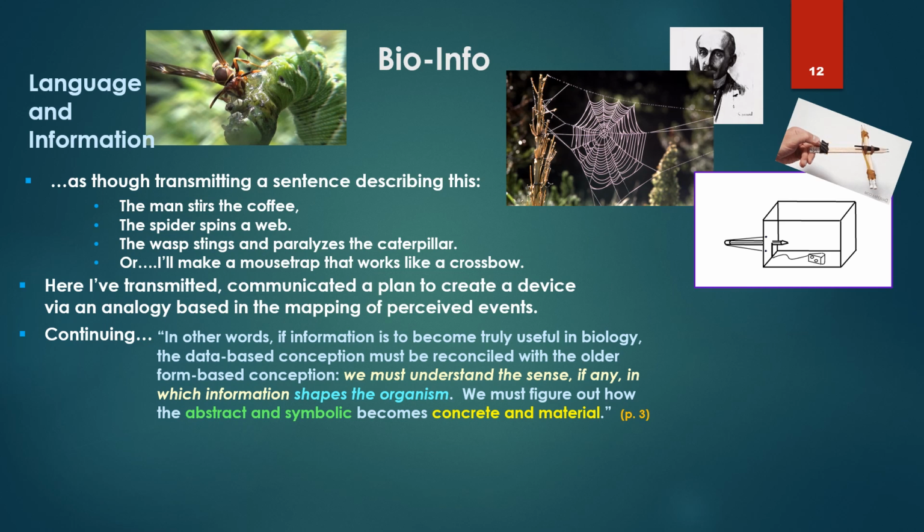So continuing, he says, in other words, if information is to become truly useful in biology, the data-based conception must be reconciled with the older form-based conception. We must understand the sense, if any, in which information shapes the organism. We must figure out how the abstract and symbolic becomes concrete and material.